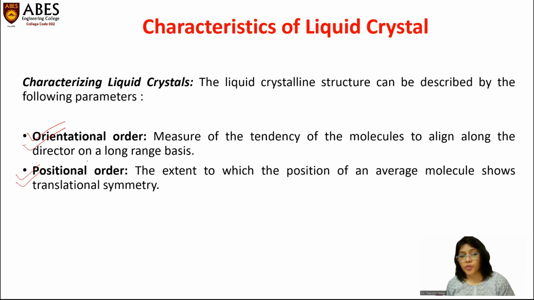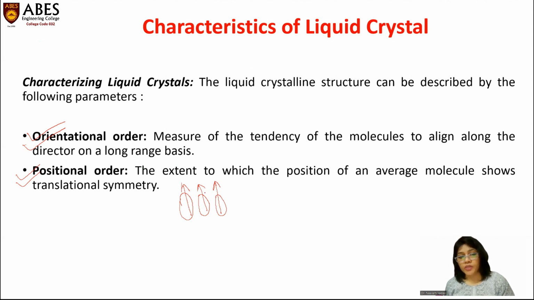When we are talking about the orientational order, this suggests that if a molecule is in this form and this is the long axis of the molecule, then maximum molecules in a plane are having a direction in one particular direction, or majorly placed in one particular direction, or they can have any direction, and this direction is defined as the orientational order.